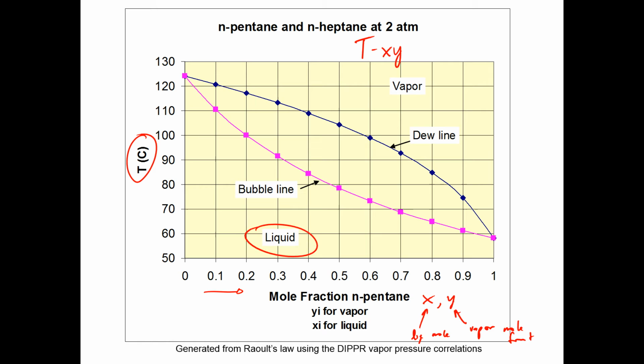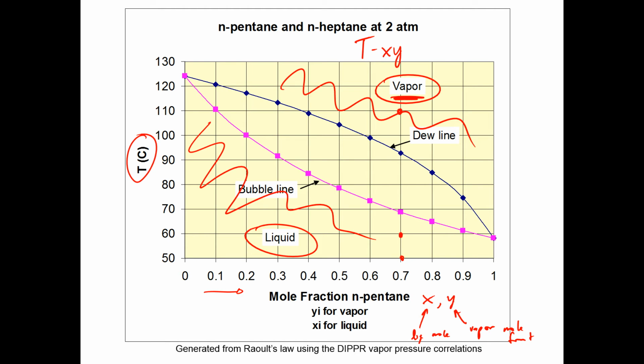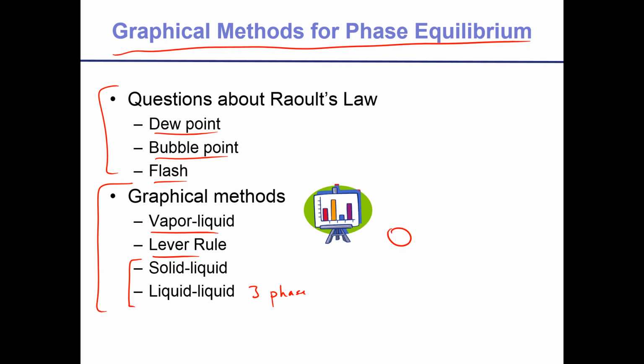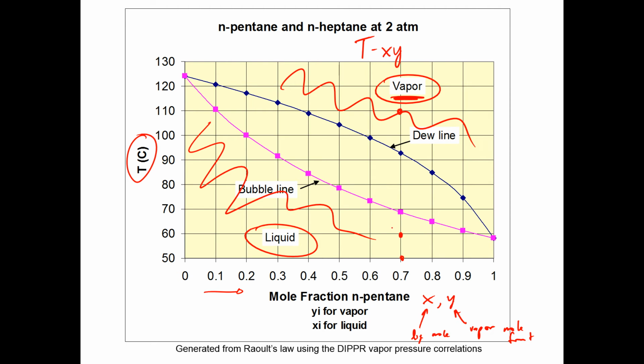This is going to be a liquid region right here, and this is going to be a vapor region. So if you're at, for example, 70% N-pentane and 110 degrees Celsius, then that is going to be a vapor. And if you cool it down to 60 degrees Celsius, it's going to be pure liquid down here.